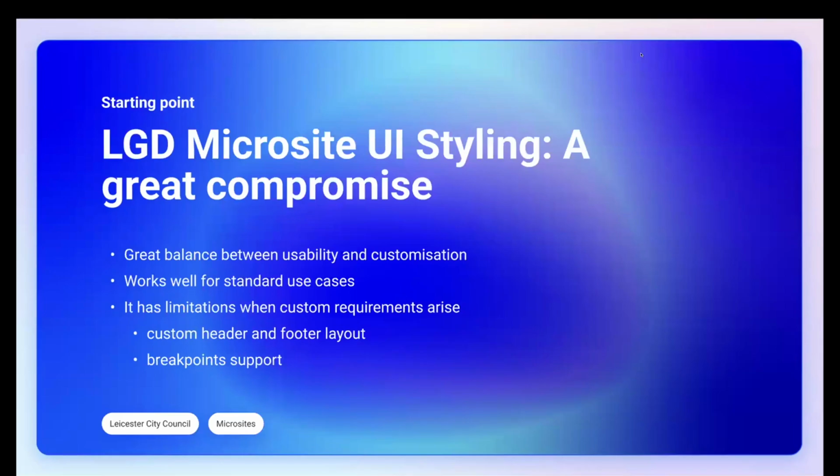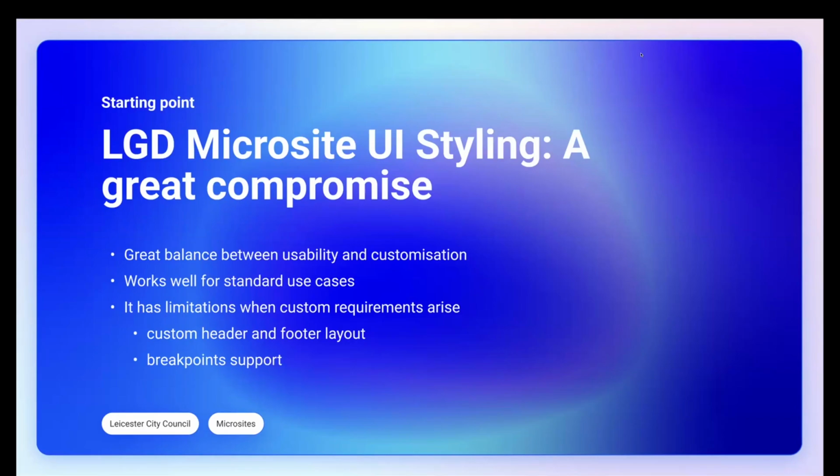So let's start from the starting point using LGD Microsite. LGD Microsite has a really great UI styling system where you can customize colors, font size, spacing directly from the backend. It is a great balance between usability and customization.